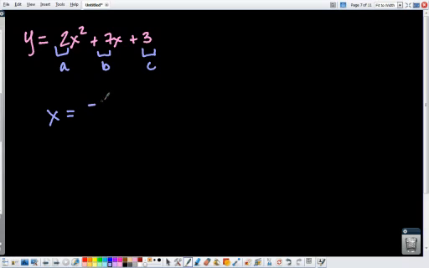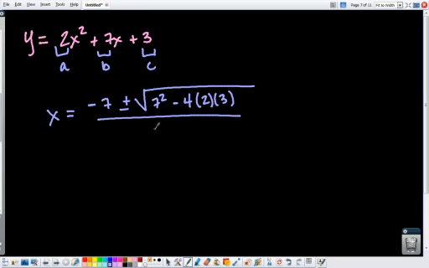So x equals negative 7, so negative b, plus or minus the square root of 7 squared minus 4 times a times c, all divided by 2 times a.